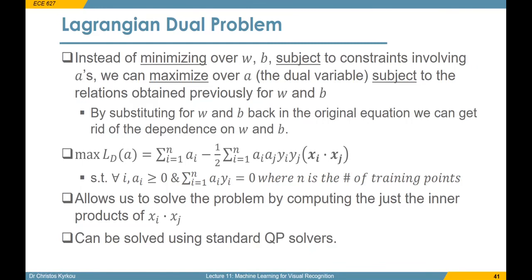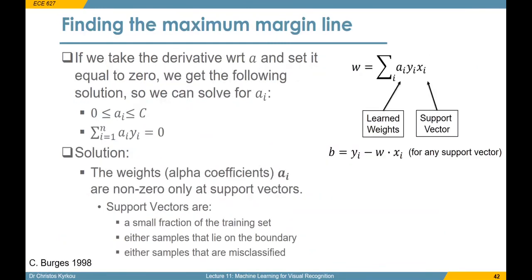So this gives us a solution for the alpha values, and knowing from before, from the derivatives, the relationship between the w's and alphas, we can find w and b using these two equations right here.